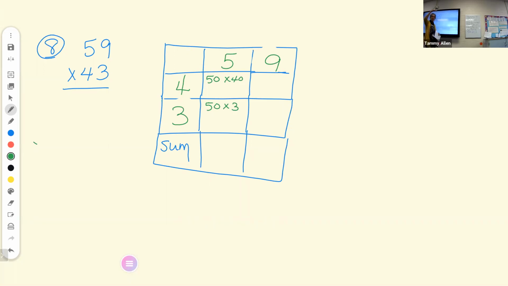Do any of you over here have questions? Okay? All right. The 9 has a value of what? 9. The 4 has a value of what? 4. The 9 has a value of what? 9. The 3 has a value of what? 3.